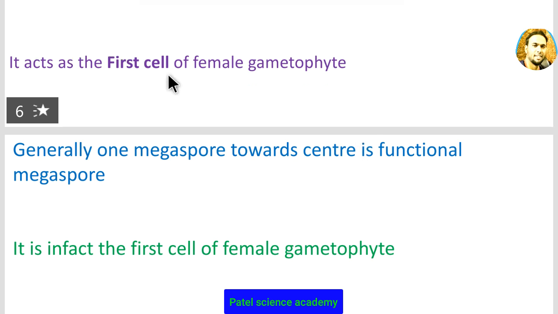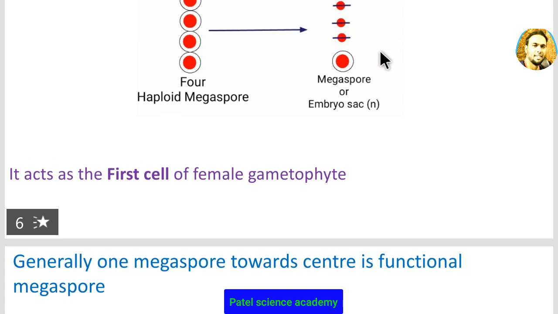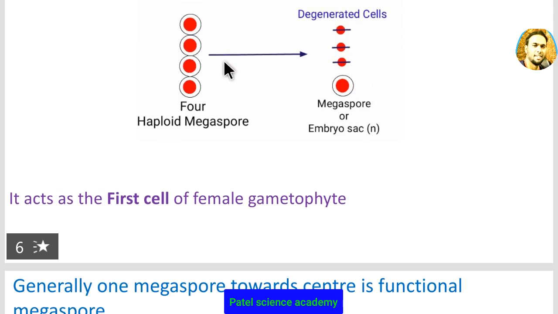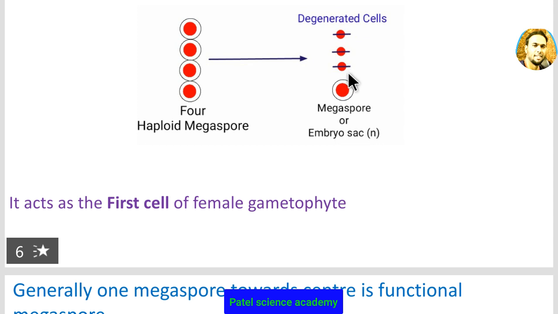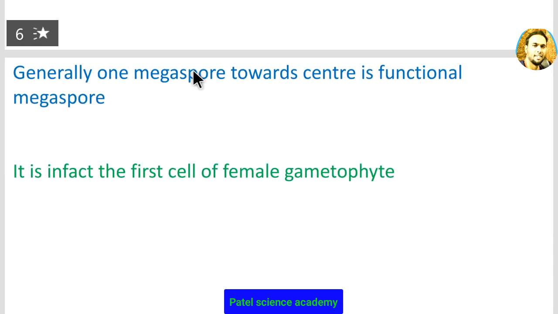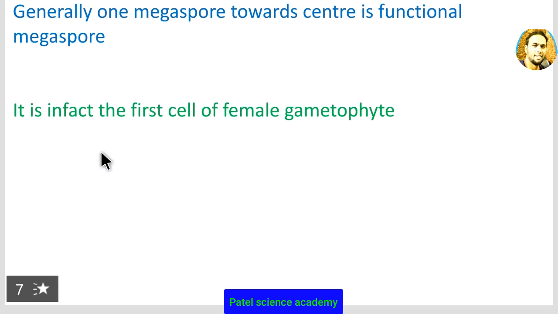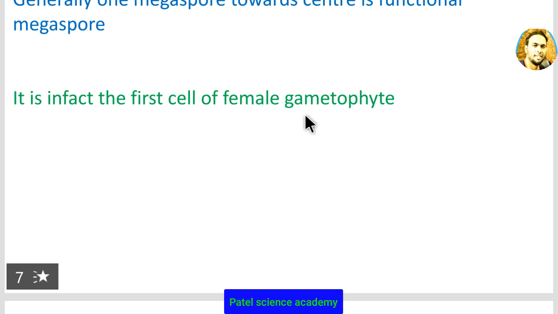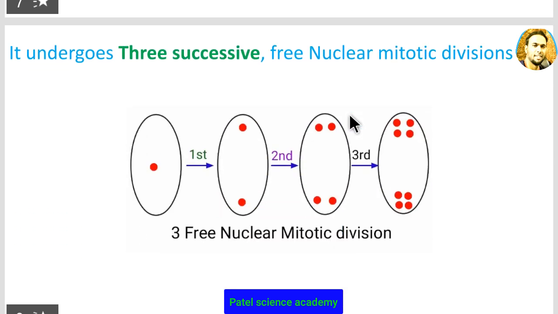It acts as the first cell of the female gametophyte. Which one? This one out of the 4, and the rest of the 3 cells degenerate. Generally, the one megaspore towards the center is the functional megaspore, and it is in fact the first cell of the female gametophyte.